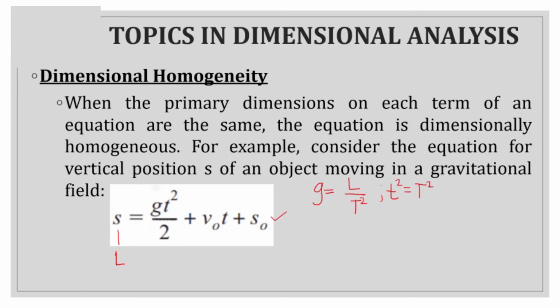If we substitute these dimensions into our equation, we can cancel out the T squared in LT squared times T squared, then over 2. So the T squared cancels out, and the only dimension that we are left with here is L.